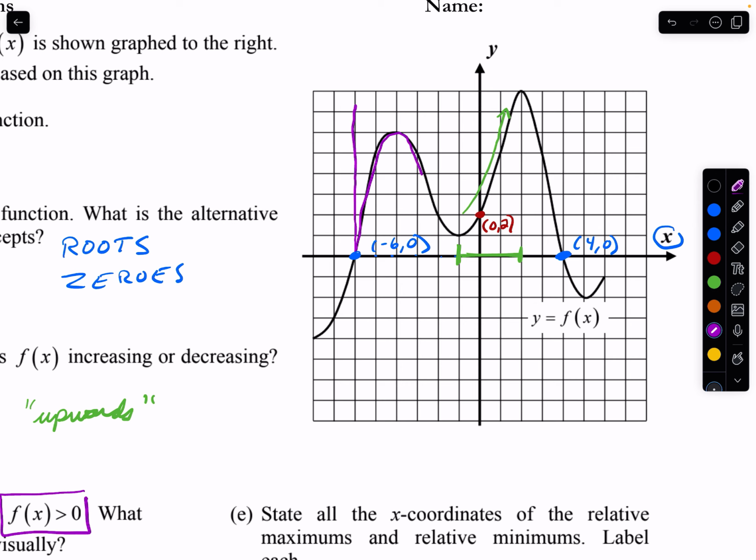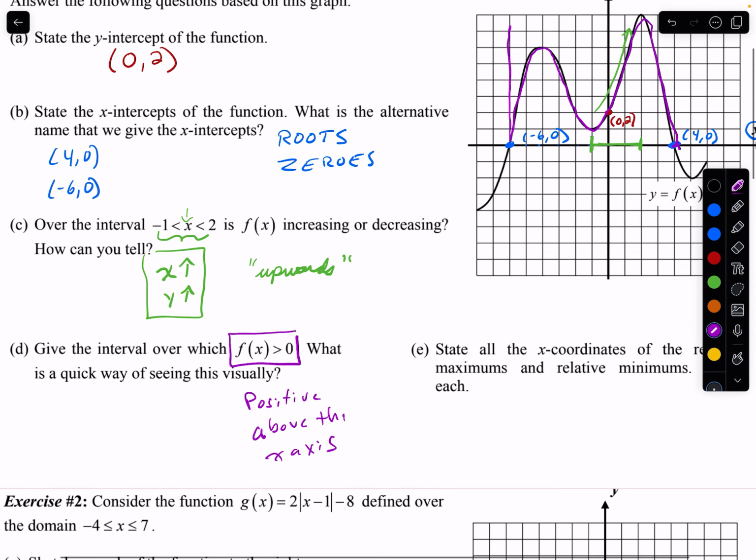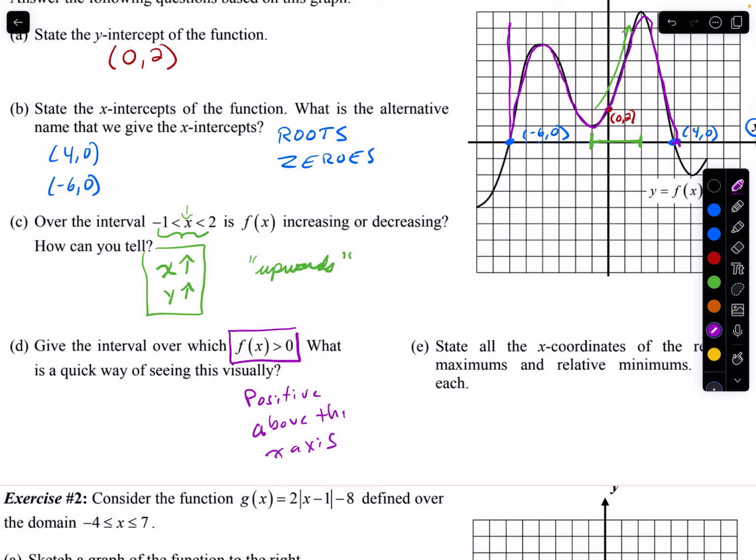It goes up, goes down, goes up, goes down, and then right there it hits again. So you can say f of x is greater than 0 when negative 6 is less than x, which is less than 4. Or using interval notation, negative 6 not inclusive up to 4 not inclusive, because we want to know when it's greater than 0, not greater than or equal to 0.